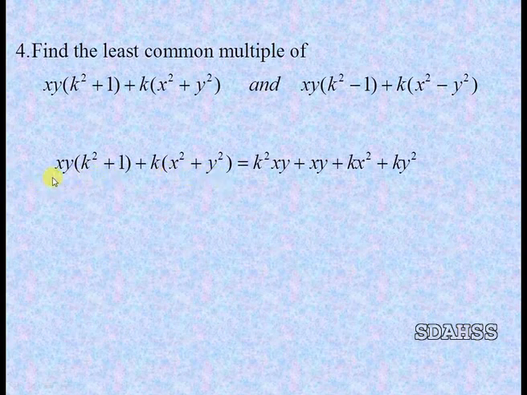Multiply the xy inside the bracket. So you have xy into k square, k square xy, plus xy into 1, xy. Here multiply the k inside the bracket. So you have kx square plus ky square. Now you got k square xy plus xy plus kx square plus ky square.